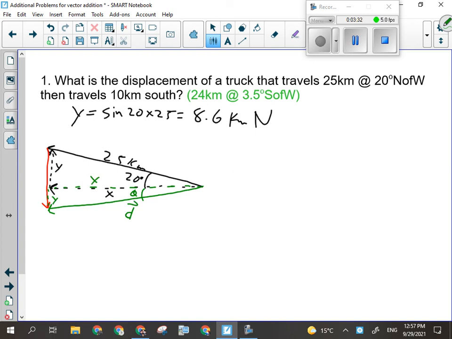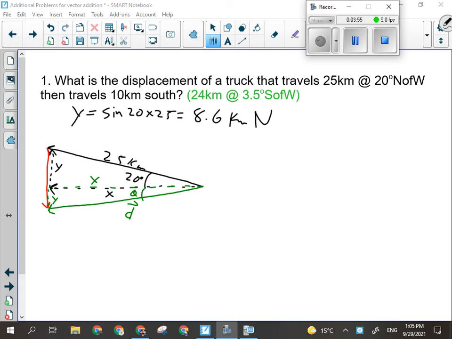Okay, questions on that? All right, so for number 1, I need to get all of the x's and all of the y's so I can move towards getting the sides of my resultant's triangle.